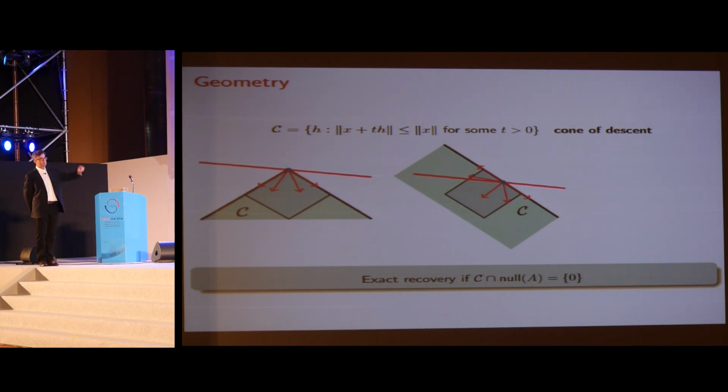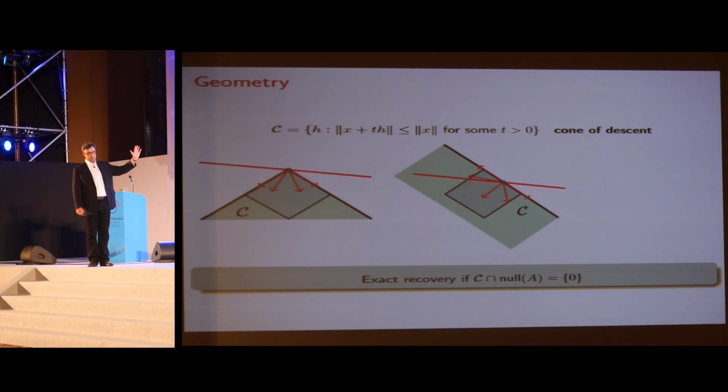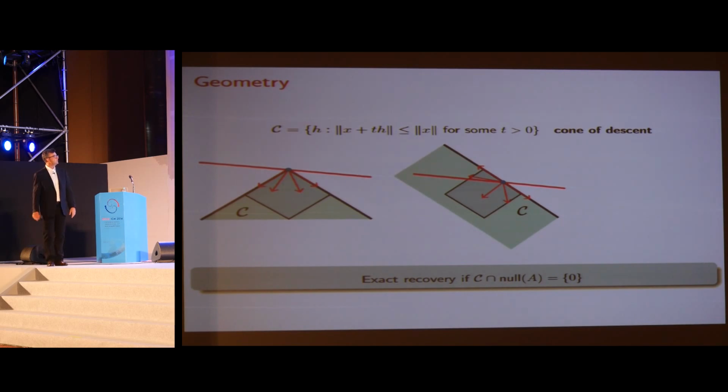On the right picture, we have a different situation. The object we wish to recover is not that sparse. The cone of descent is the entire half space. And I can see that the null space does not miss the cone of descent. I can travel on the red line, and if I had a pointer I could show it to you, and minimize the L1 norm by just moving inside.